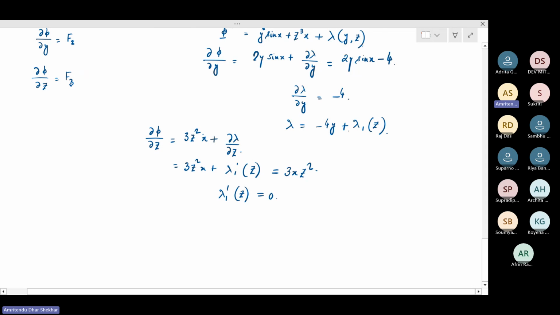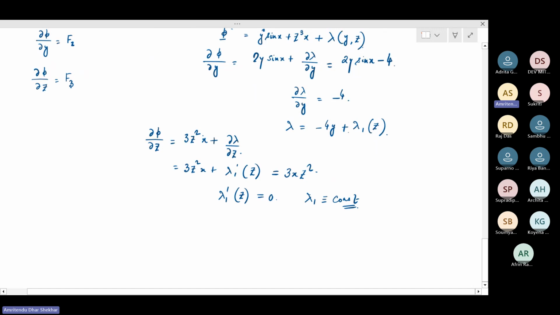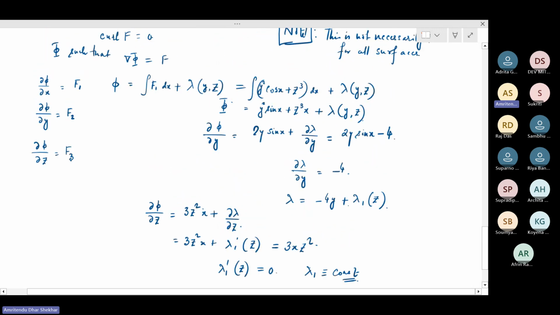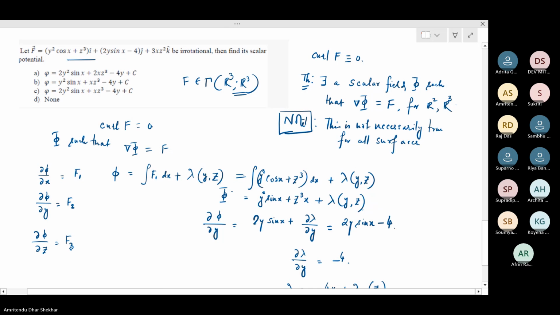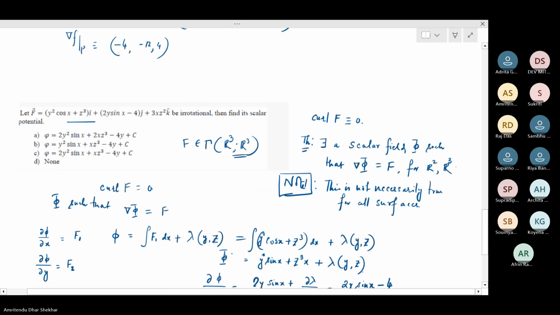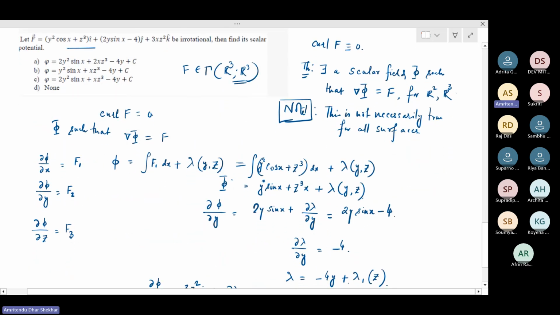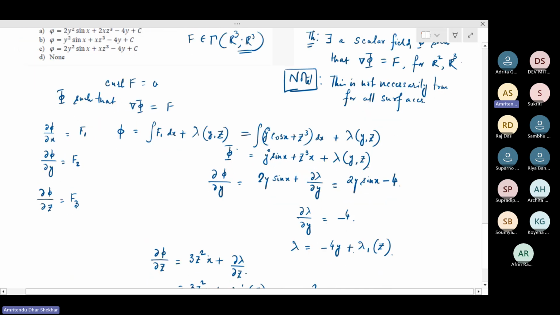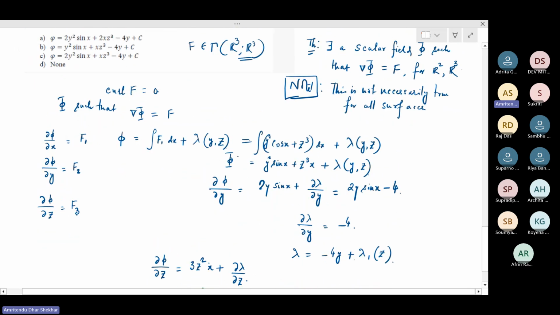Therefore, lambda 1 is basically some constant. I'm just going to call it lambda 1 only. If you plug that in, you get y squared sine x plus xz cube minus 4y plus c.